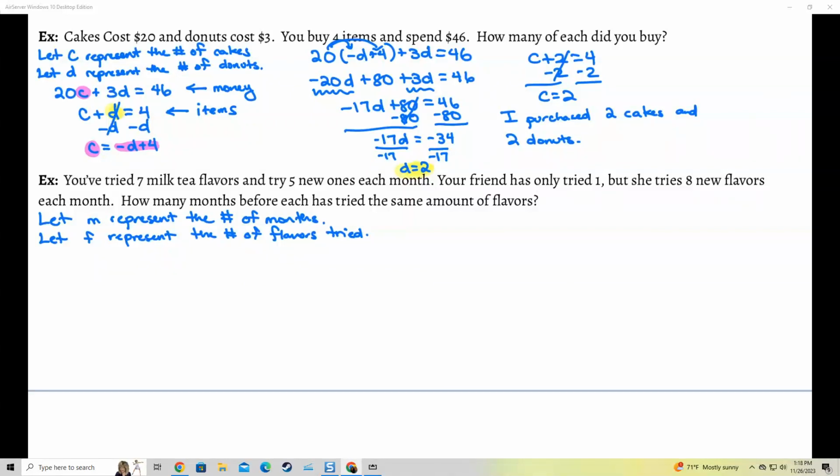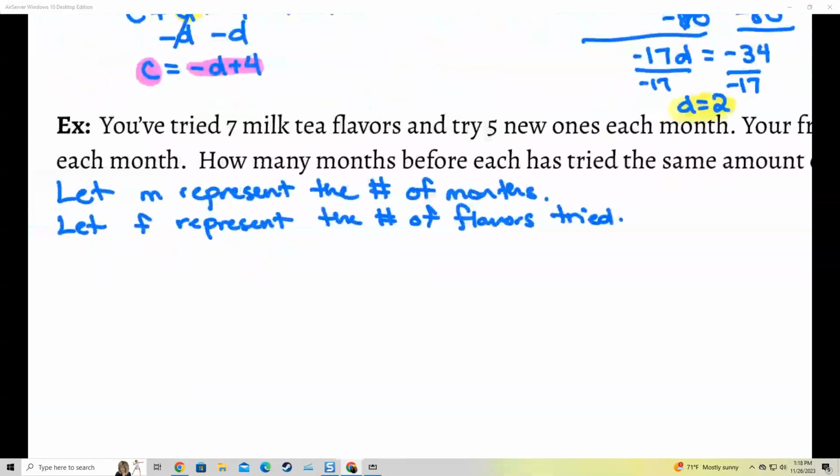It looks like I'm counting by 5s. Okay. So if I want to find out how many flavors I've had, I'm going to say F, the number of flavors, is equal to, well, I'm doing 5 flavors a month plus the 7 that I already started off with. Okay. This is for how many flavors I've done. So this is for me.